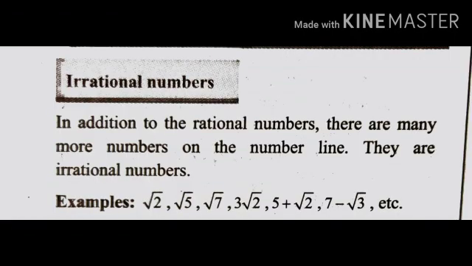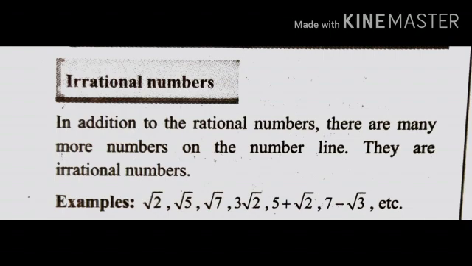Now let us learn irrational numbers. In addition to rational numbers, there are many more numbers on the number line. They are irrational numbers.